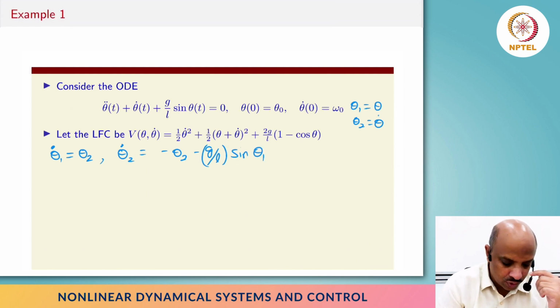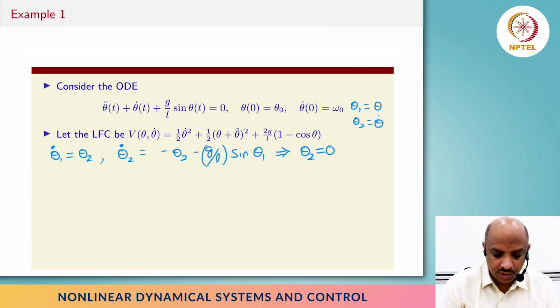So these are the two state space equations, and first things first, let's check the equilibrium points. You can see that theta 2 has to be 0. The right hand side of both the equations has to be 0, so all the equilibrium points will satisfy theta 2 equals 0. Once theta 2 is equal to 0, we also get sine of theta 1 equals 0.